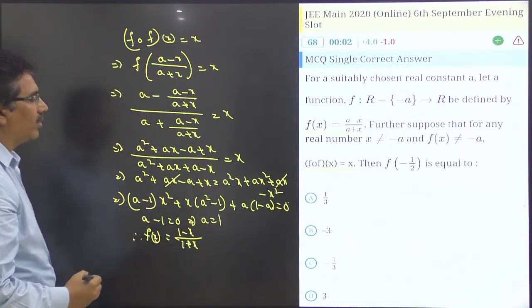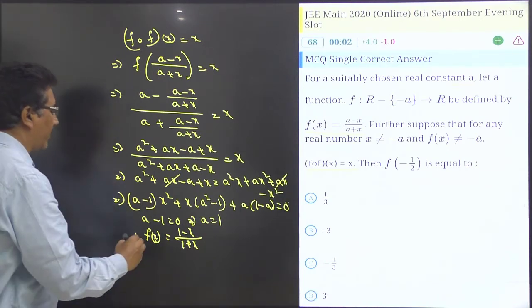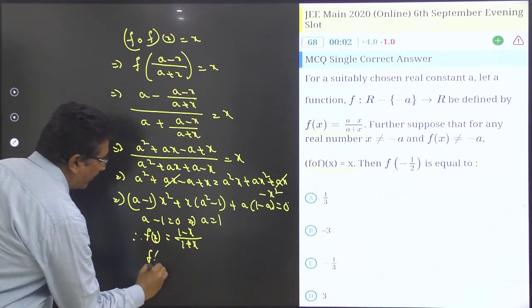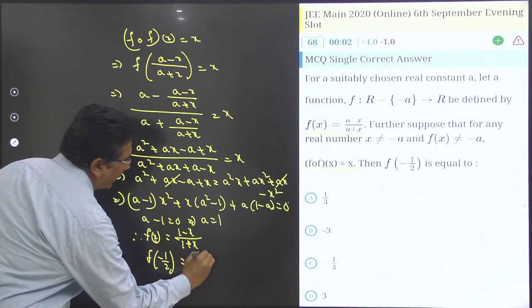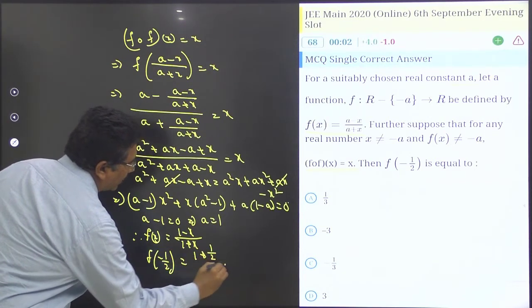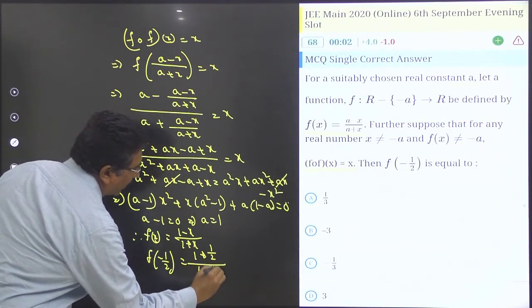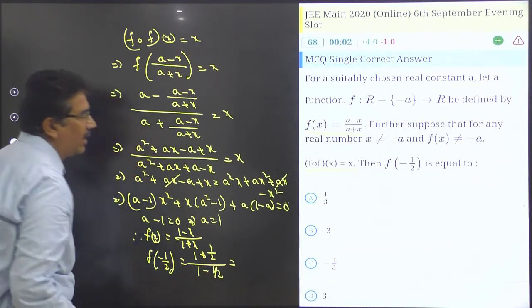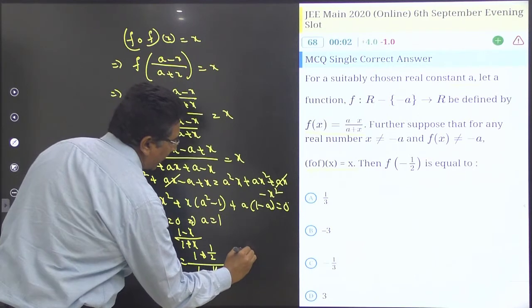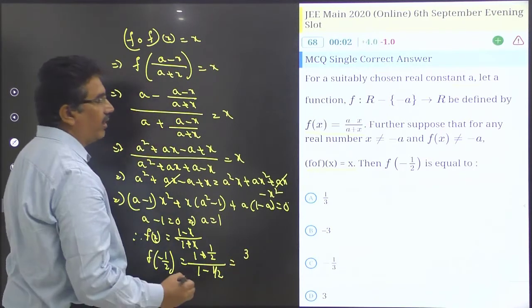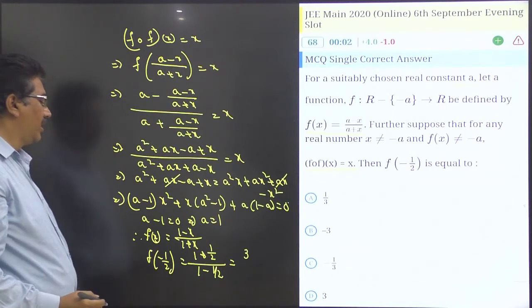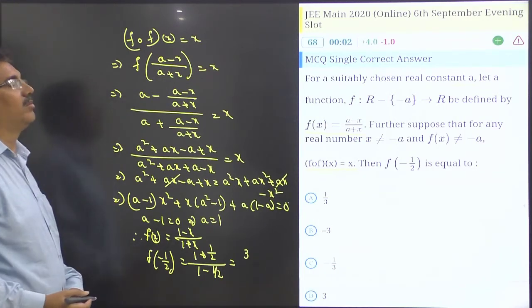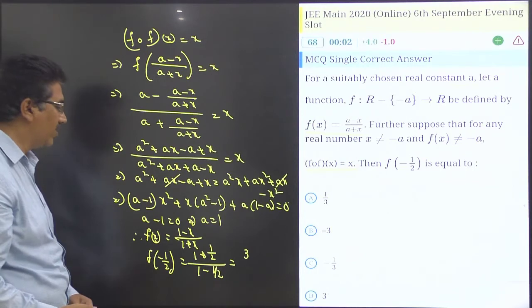Now we have to find f of minus 1 by 2. f of minus 1 by 2 is equal to (1 plus 1 by 2) divided by (1 minus 1 by 2), that is equal to 3 by 2 divided by 1 by 2, that is equal to 3. Right, f of minus 1 by 2 is equal to 3.